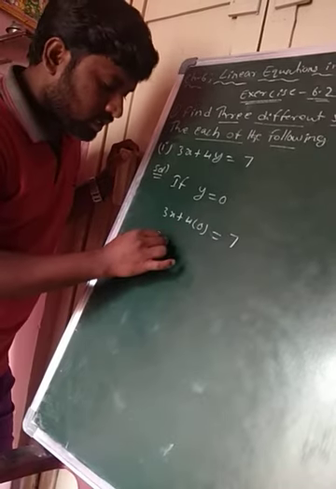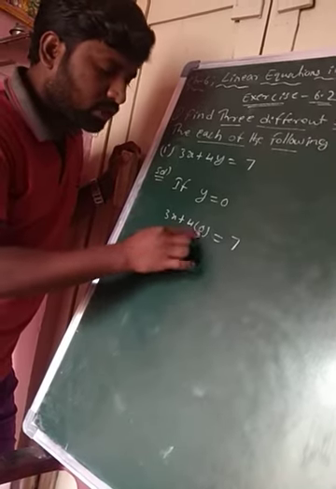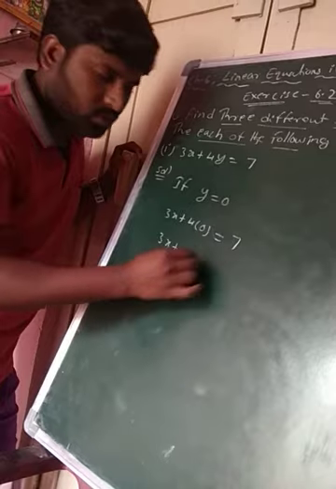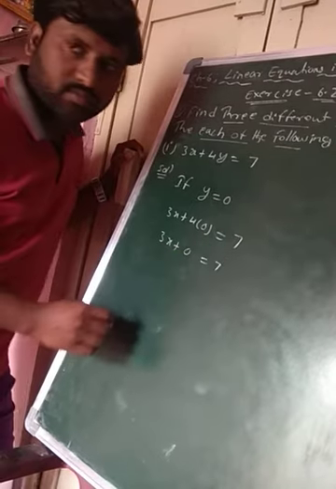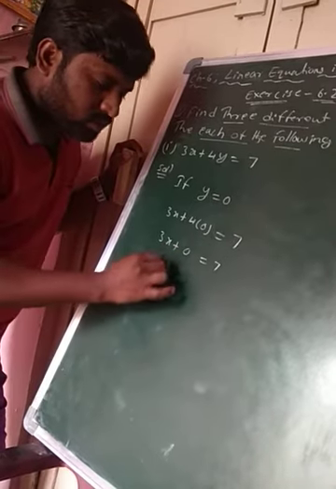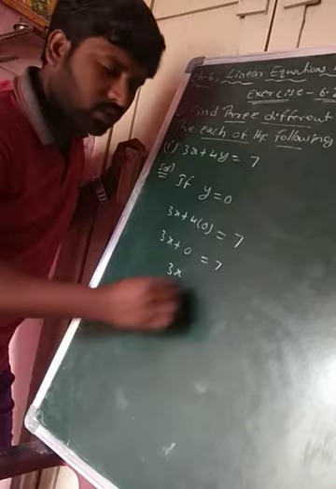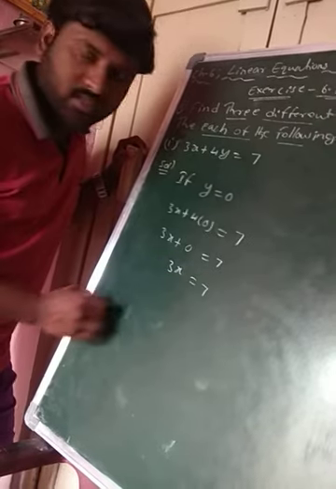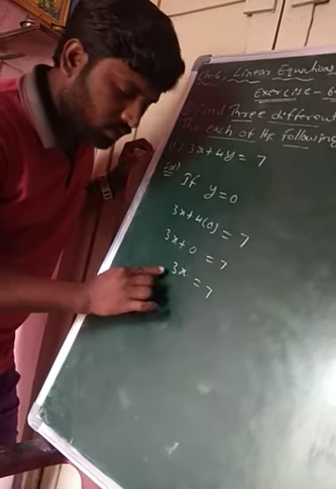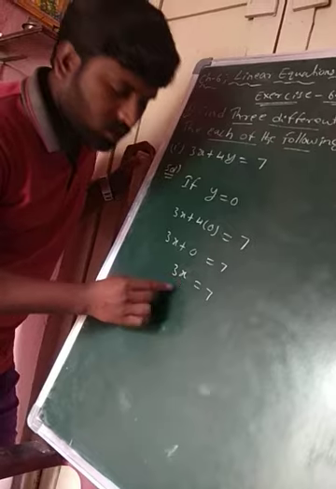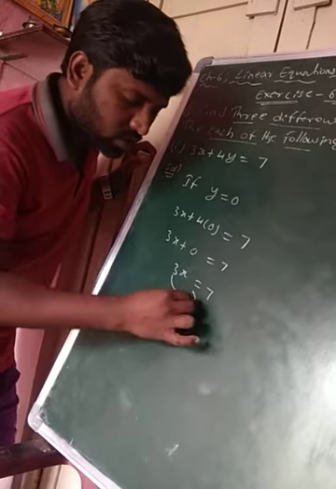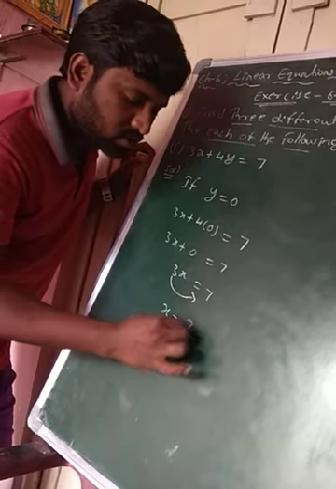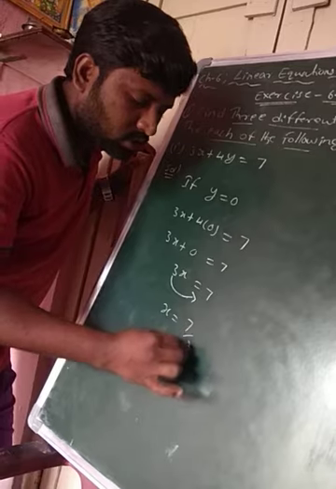Now 3x plus 4 into 0, that is 0, is equal to 7. So 3x only is equal to 7. 3x means the product of 3 and x. Transposing the multiplication quantity to the RHS side, x is equal to 7 by 3.